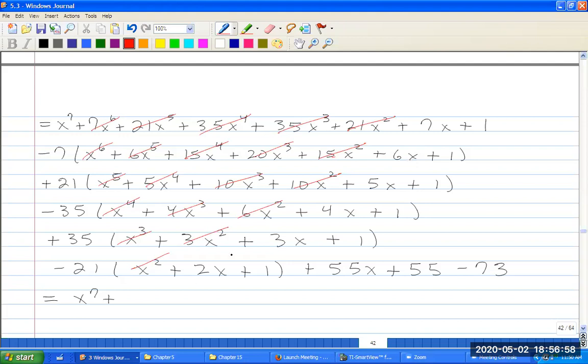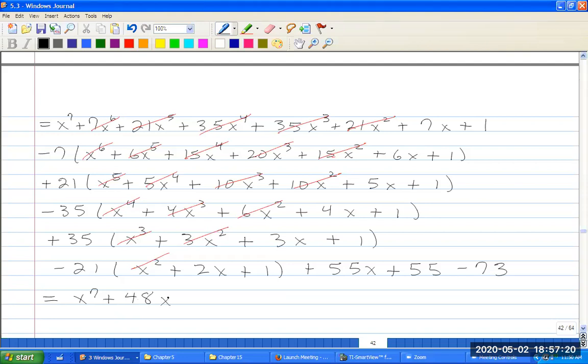So adding all these up, you get a negative 7 plus 55 gives you 48. So you get a 48x.